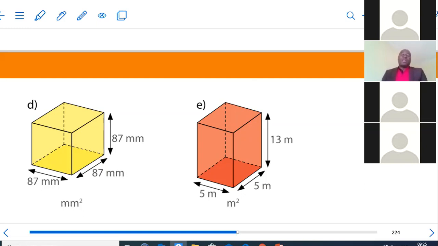And in the bottom one, the second one, only the length and the breadth are equal, but the height is different. So in the first category, you can simply use the formula for the surface area, which is 6L squared or 6S squared. This means you can just take the area of any of the sides, then multiply that by 6.